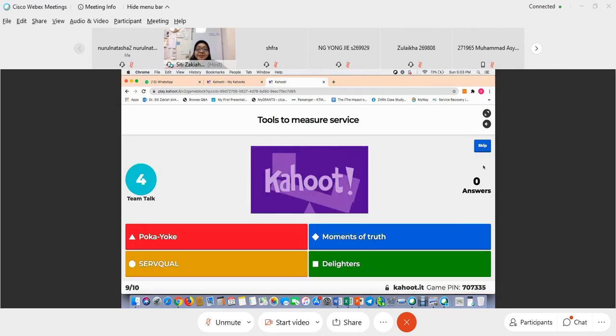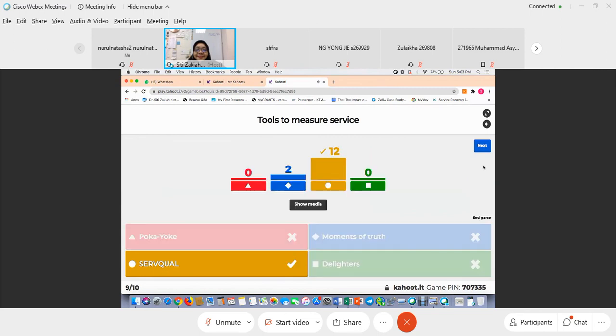Tools to measure service. Okay? Is SERVQUAL.